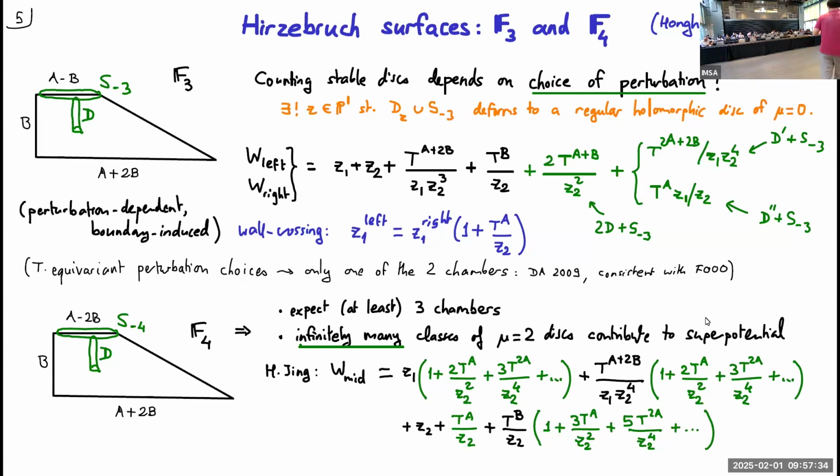If you pick a perturbation of the complex structure on F3, or an abstract perturbation scheme for regularizing moduli spaces of disks, such as a Kuranishi structure or virtual fundamental class, whatever you want, you will have a slightly strange thing happen, which is best understood if you think of actual deformations of complex structure. So the -3 sphere in there is, of course, not regular at all. As soon as you deform, it disappears.